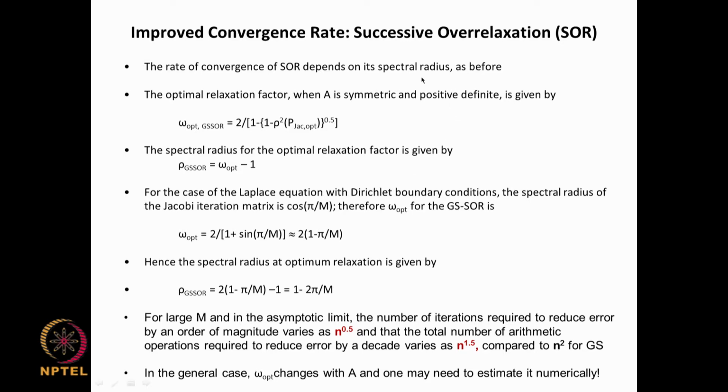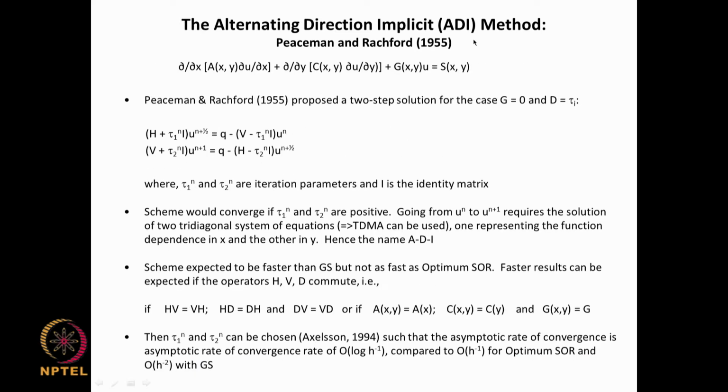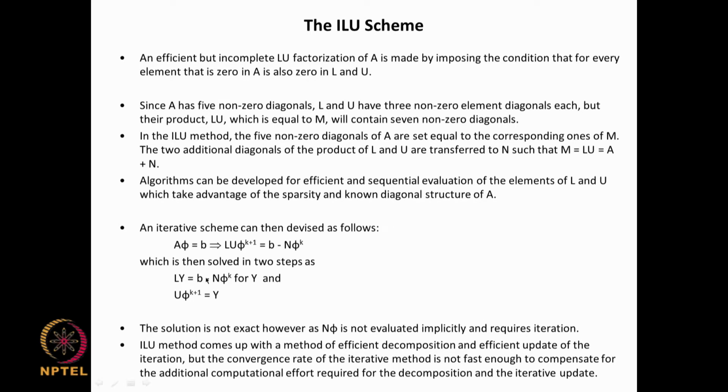One is over relaxing the step size, the correction delta x that we get from Gauss-Seidel method, which is the successive over relaxation method, and we also try to make use of the efficiency of the TDMA in the ADI method, and this particular idea that we looked at in this lecture tries to take advantage of the efficiency of the LU method in getting a solution fast by successive forward and backward substitution, especially which this method is divided in such a way that it takes advantage of the sparsity and diagonal structure of A.